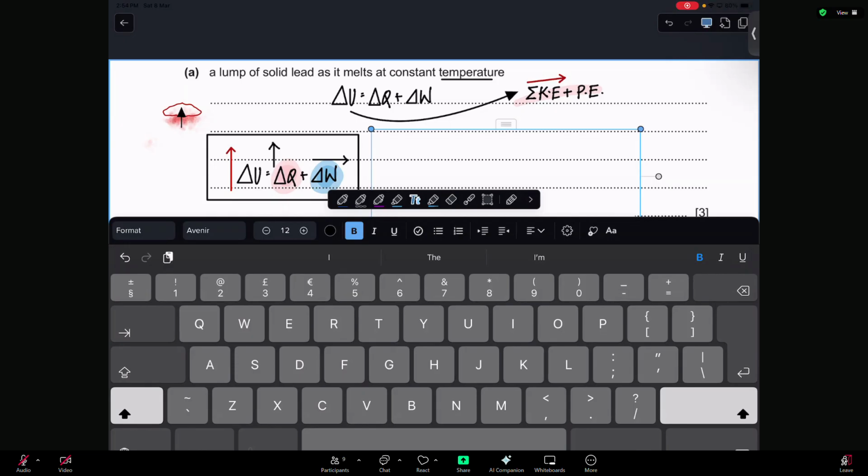A sample of water when it evaporates from a rain puddle on a hot day. What happens to the internal energy of the sample of water?